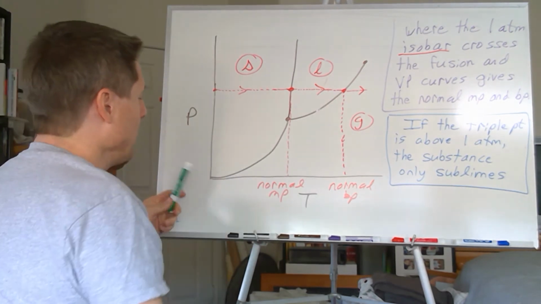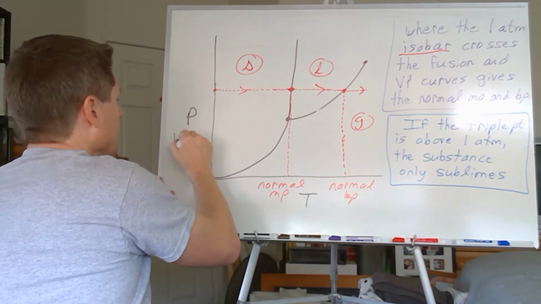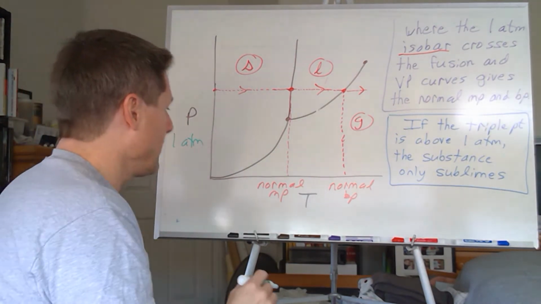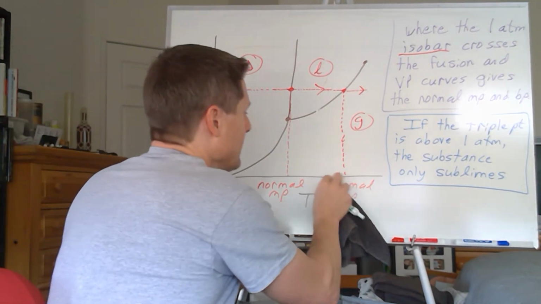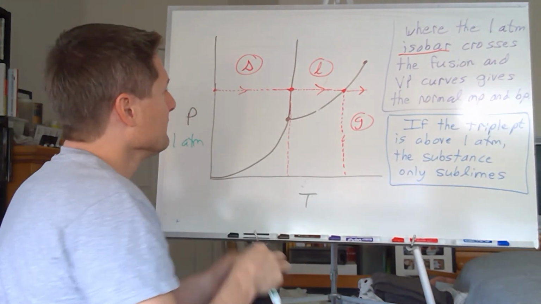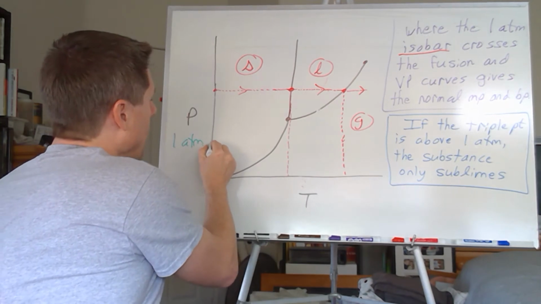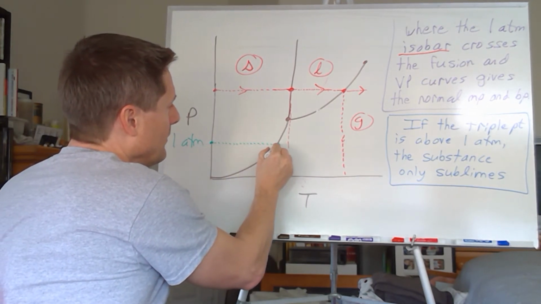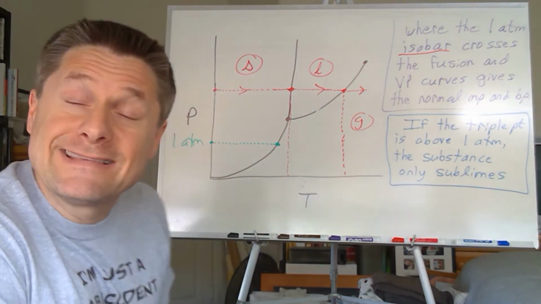So let's look at a different scenario now. Let's move the 1 atmosphere down here. Let's follow the isobar now. Let me erase these. And if we go and follow an isobar across at 1 atmosphere here, we would cross the sublimation curve.